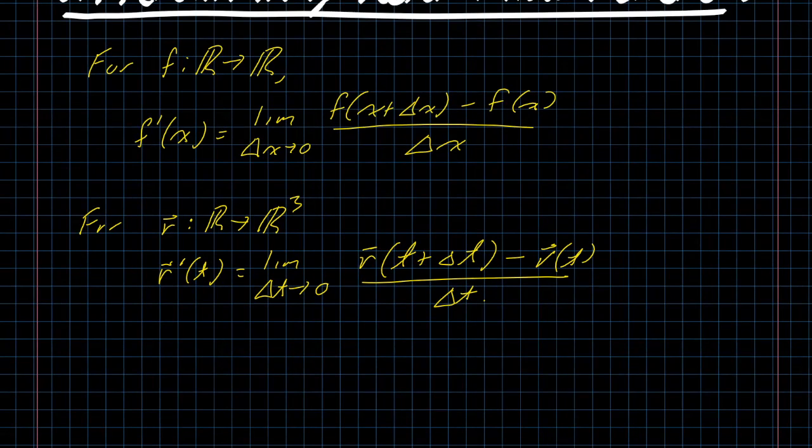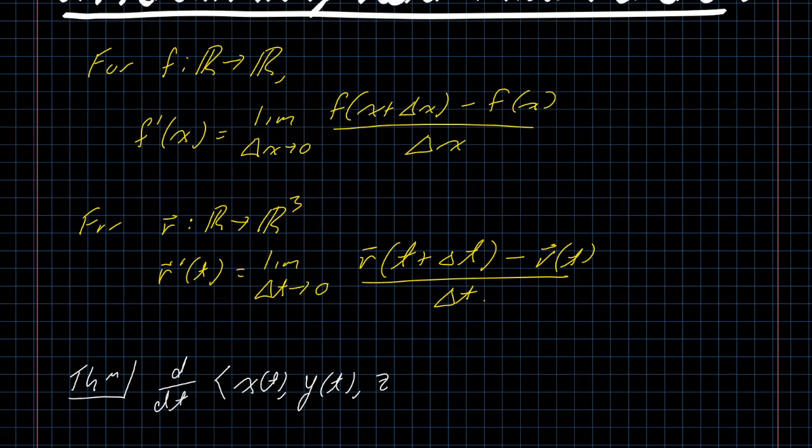And just like we saw in our discussion of limits, I claim that the derivative of the vector valued function given by components x of t, y of t, z of t is going to simply be the component by component derivative: x prime of t, y prime of t, z prime of t.